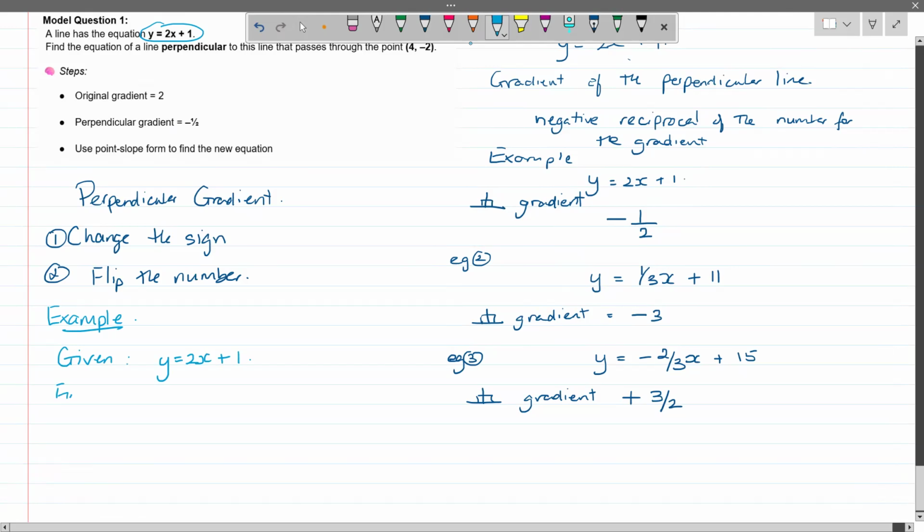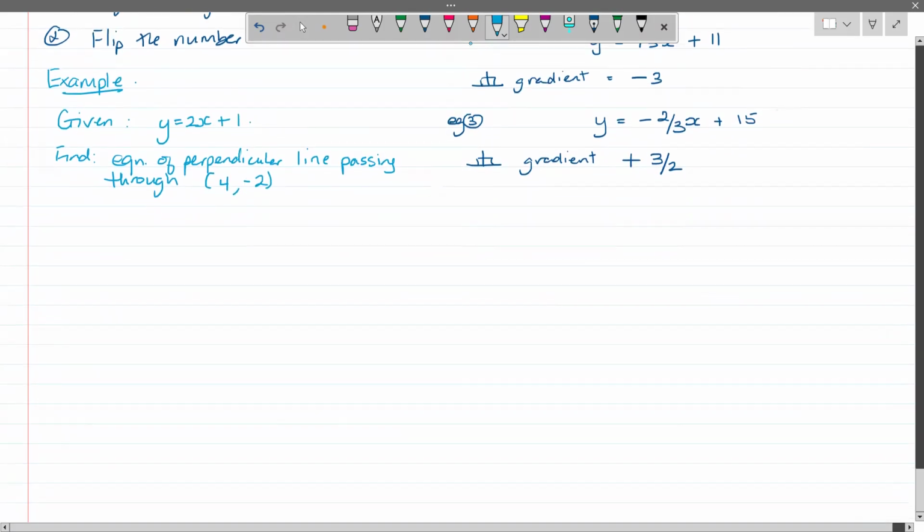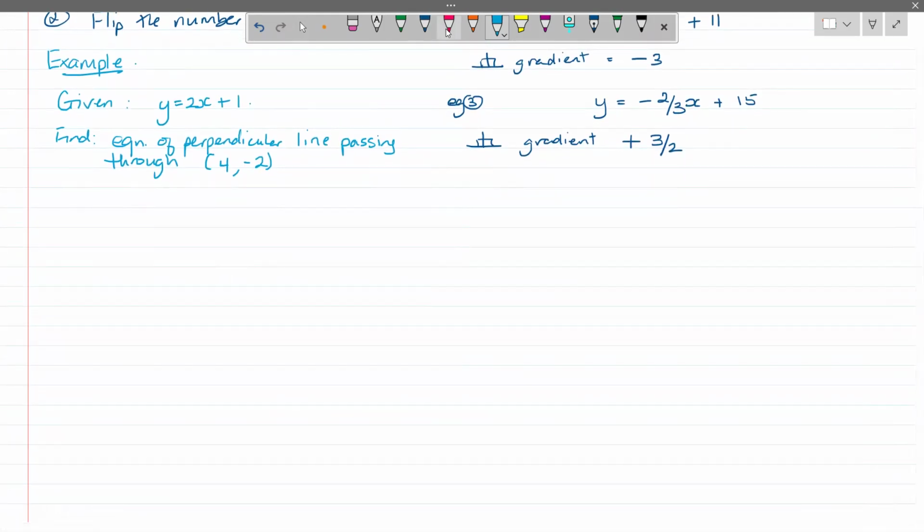We need to find the equation of the perpendicular line passing through (4, -2). So check my solution.